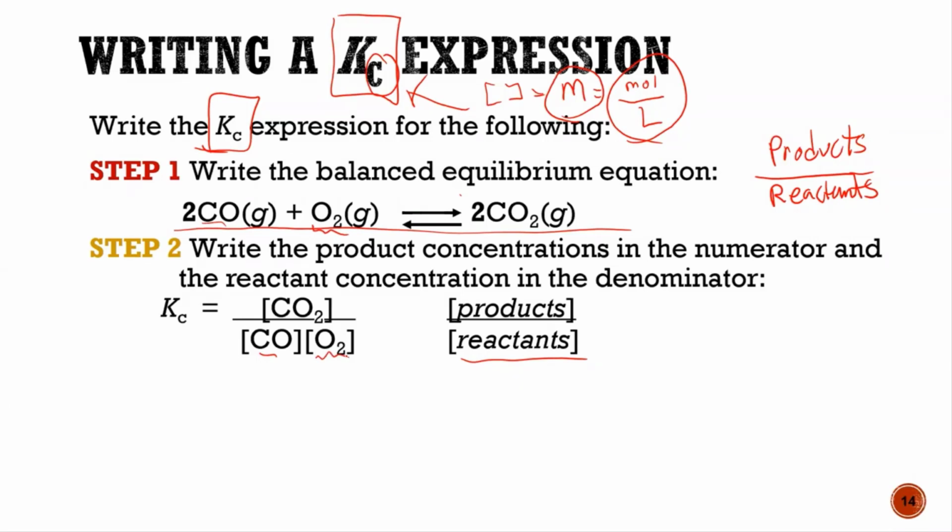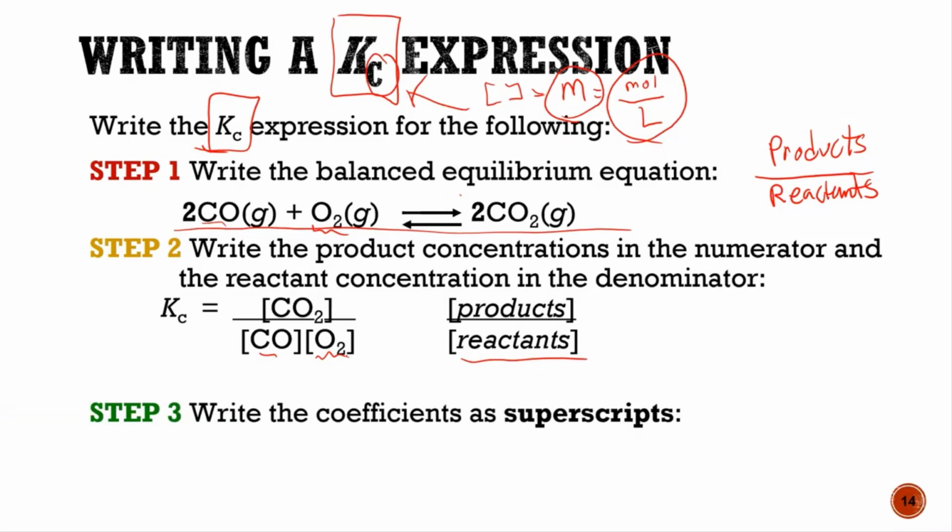However, if we look at balanced equations, there's not just the species that are involved in the reaction. That's one of the things we learned in chapter 5. We had to balance chemical equations. So we have to use the mole ratios, the coefficients that we use for balancing chemical equations, as superscripts. Now, I almost don't like the term superscript.